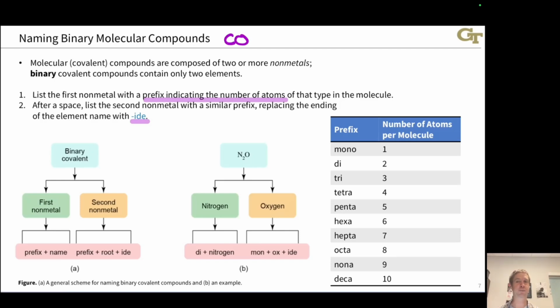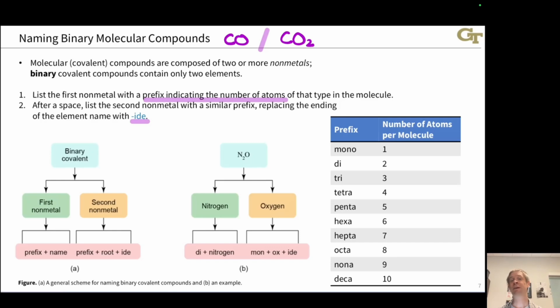They can combine to form carbon monoxide, 1 C and 1 O in the molecule, or carbon dioxide, 1 C and 2 O's in the molecule, and these are completely different compounds. The names of these compounds need to be different since the compounds themselves are different, and so we can't just say carbon oxide or carbon oxygen for the name, since that name wouldn't allow us to distinguish between CO and CO2.